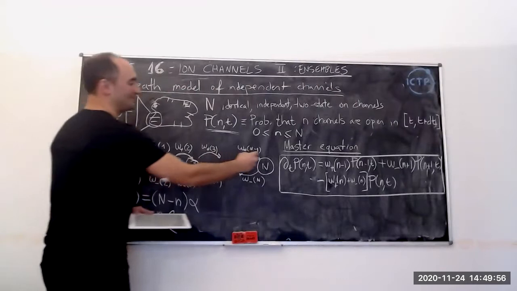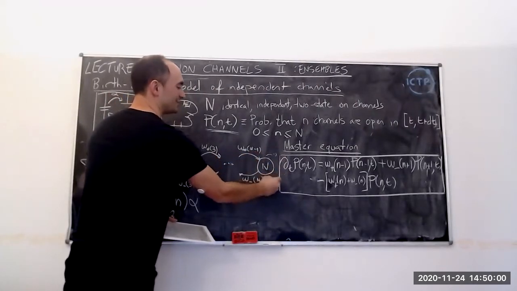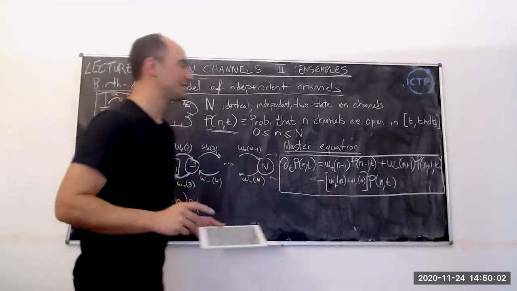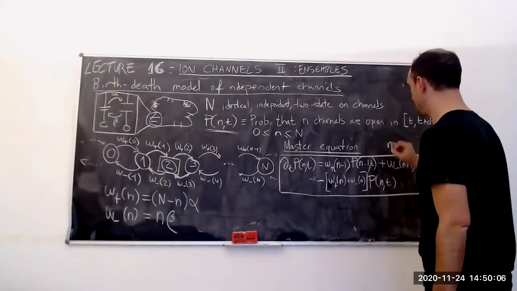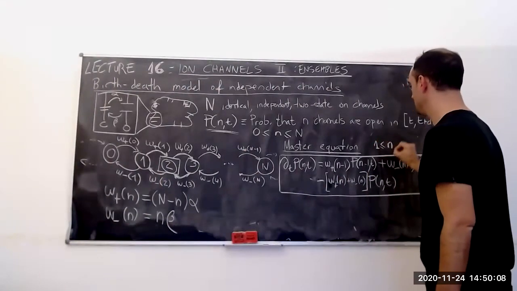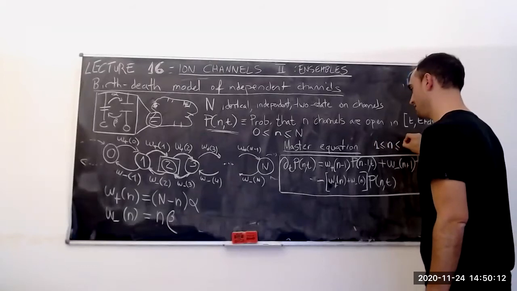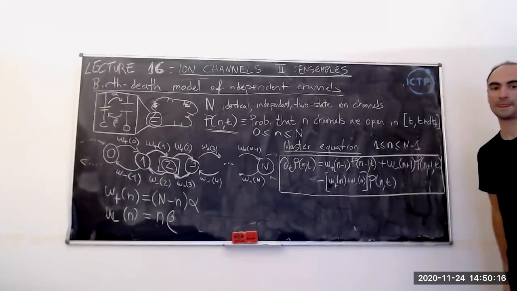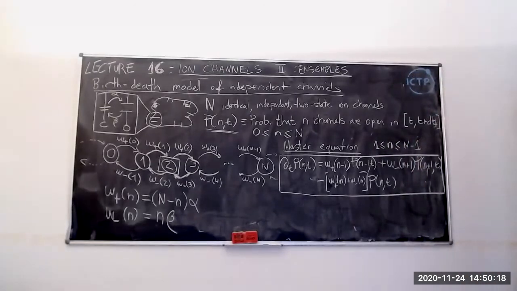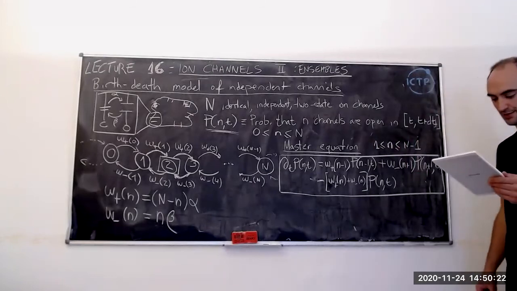Also at N, this one and this one don't exist. So this equation is true for n greater than or equal to 1 and smaller than or equal to N−1. So if you want to make this perfect, you have to add the boundary conditions.